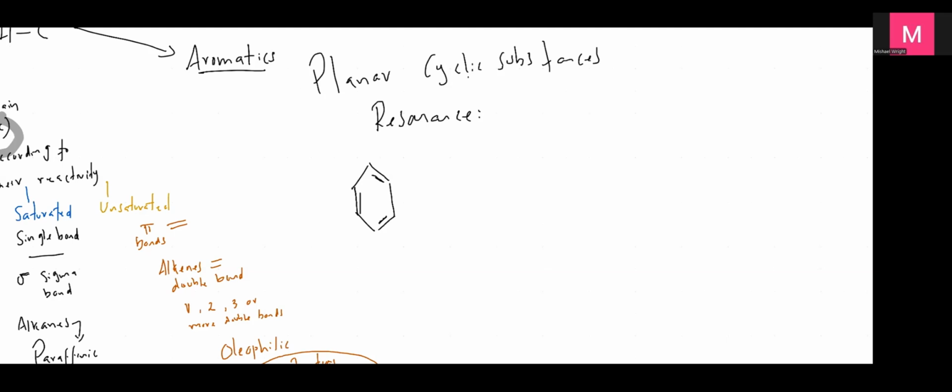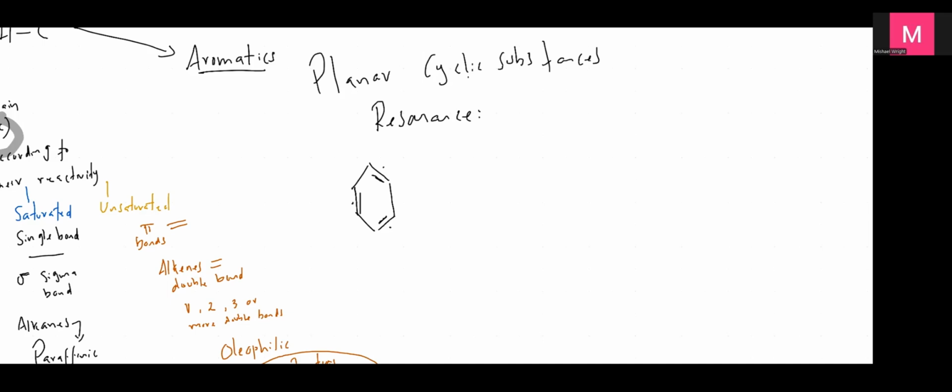So we're going to have an alternating double bond, right? Double bond, no double bond, double bond, no double. So we have double, single bond, double, single bond, double, single bond, right? So basically, in this case, it will be a kind of hybrid molecule because we'll be combining double and single bonds.